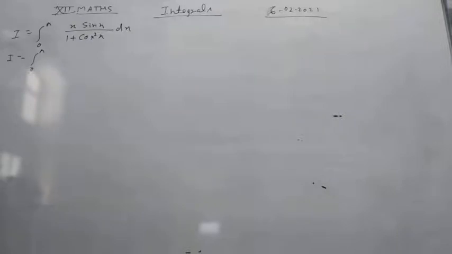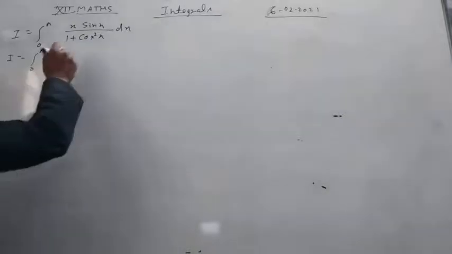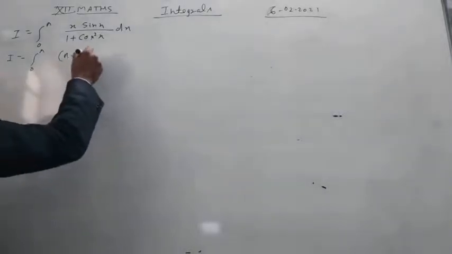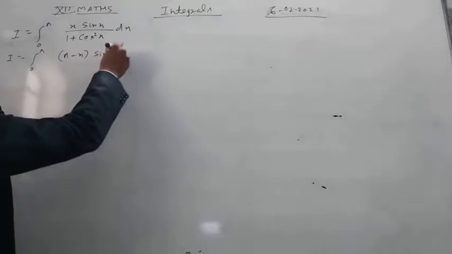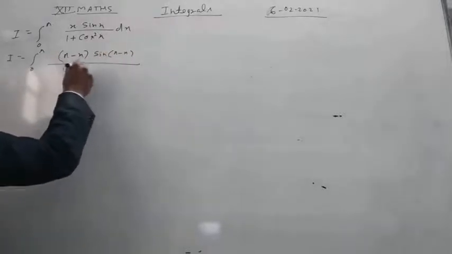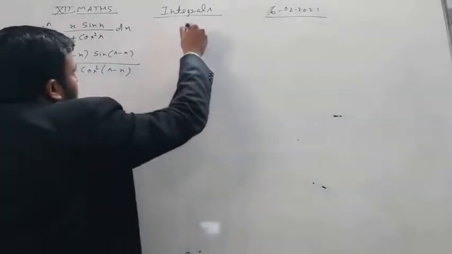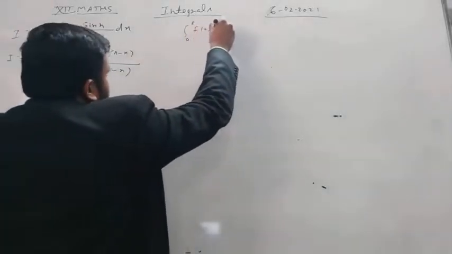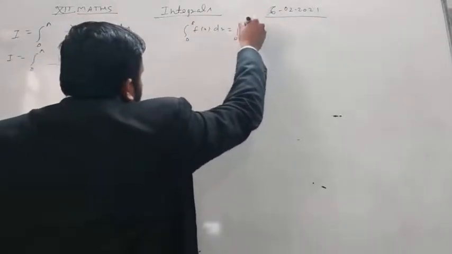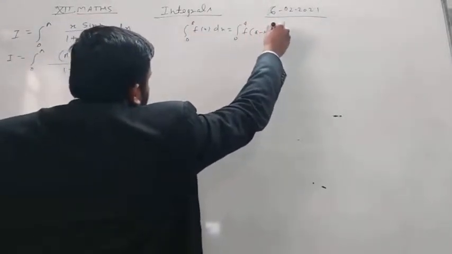Okay friends, first of all we use the property: integral 0 to a of f(x) dx is equal to integral 0 to a of f(a minus x) dx.